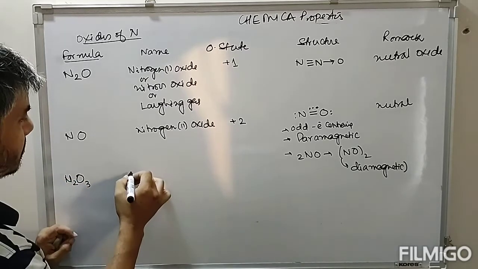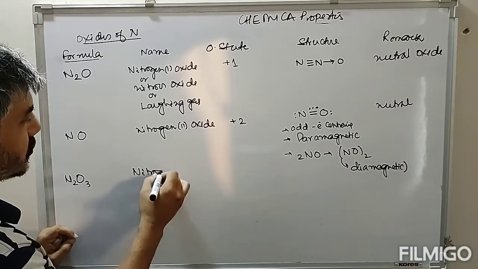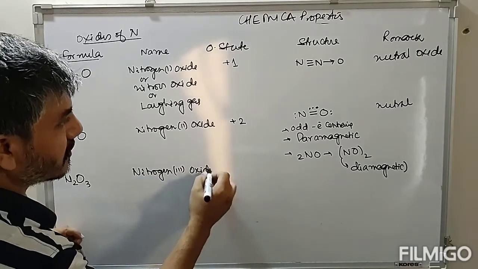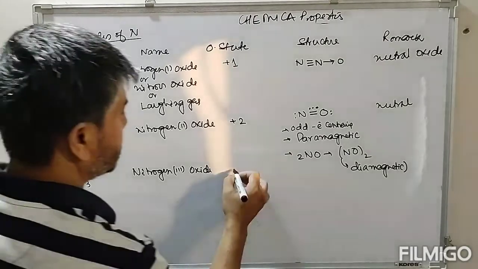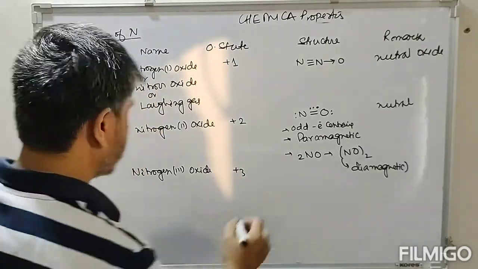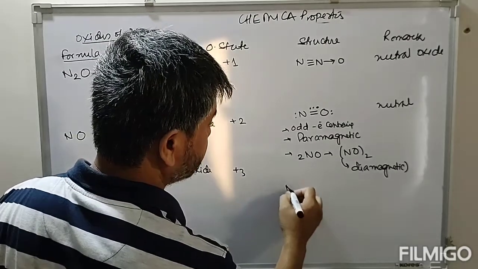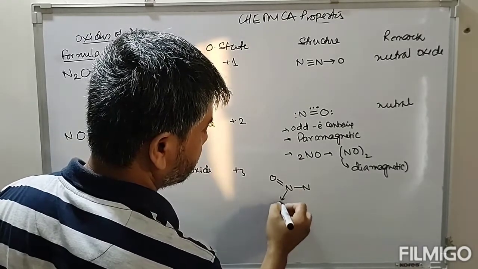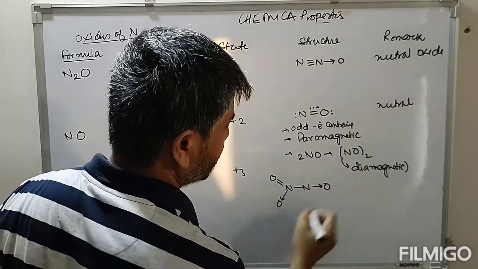Then we have N2O3, nitrogen trioxide. Oxidation state is +3, and this is the structure.